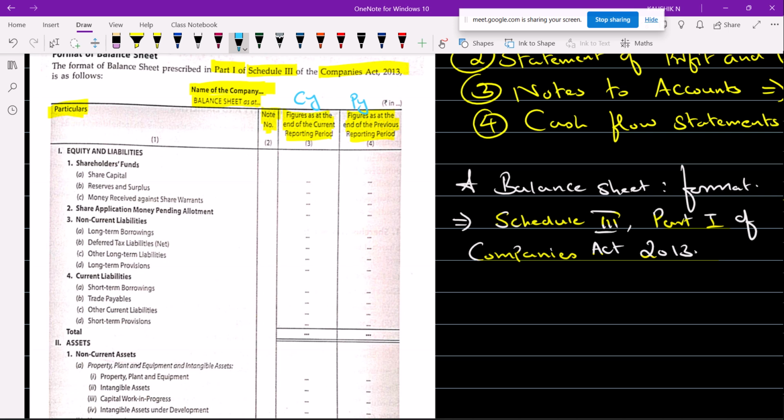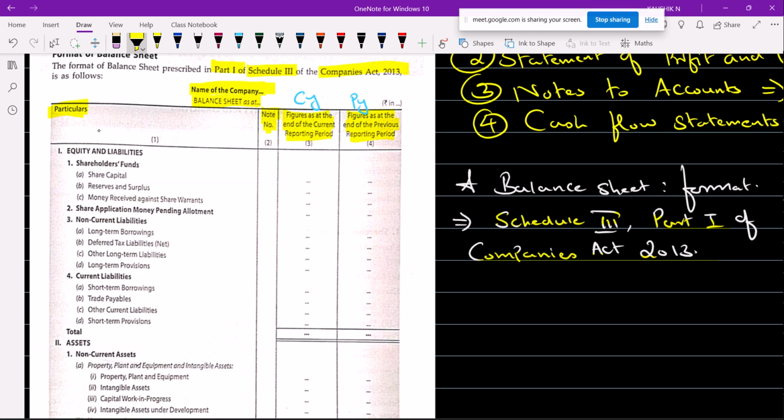So first the particulars column, the next column is the note number column, and then the current year data and the previous year data. The amount should be in terms of rupees if you are preparing it for India.